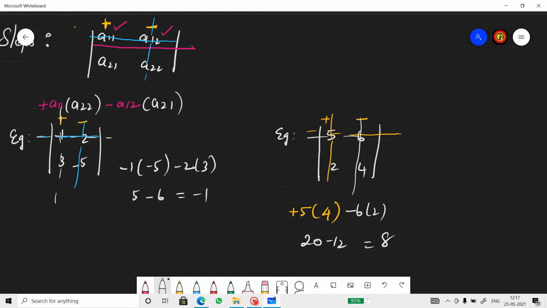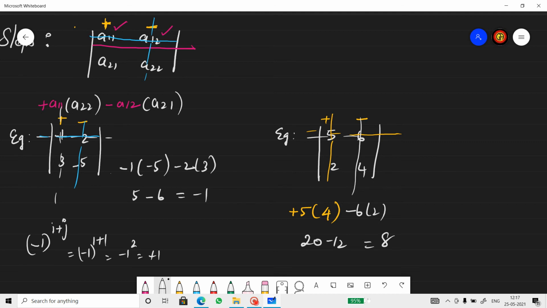Now what is the reason behind this plus and minus? Why are we putting plus and minus on top of it? The process is minus 1 to the power of I plus j, where we take the element Aij. For element A11, I get plus because it is minus 1 to the power of 1 plus 1, that's minus 1 squared, which is 1.